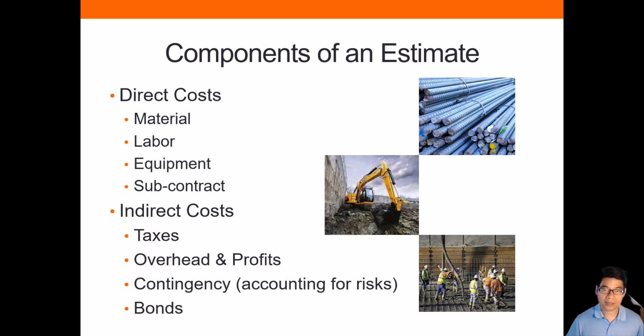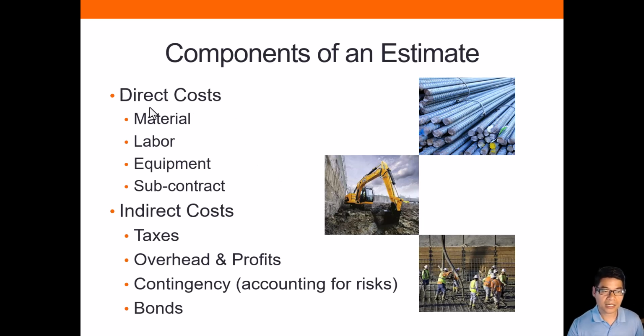First, let's talk about the components of a detailed cost estimate. There are two categories of costs. One is direct costs and the other one is indirect costs. The direct costs include materials, labor, equipment, and subcontract. So how do we distinguish between direct costs and indirect costs?